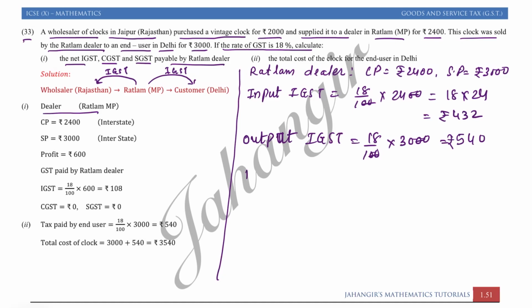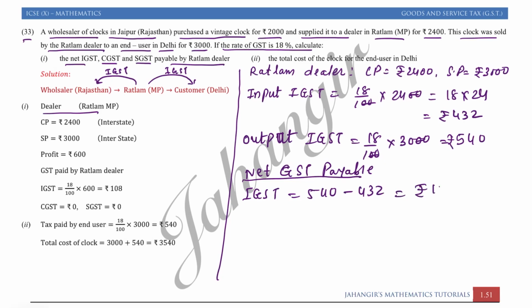So net GST payable: IGST is 540 minus 432, that is equal to rupees 108, and then CGST will be 0 and SGST will be 0. So this is the answer for the first part.